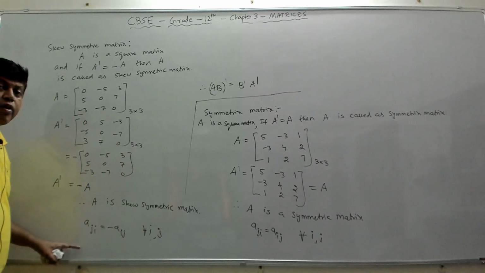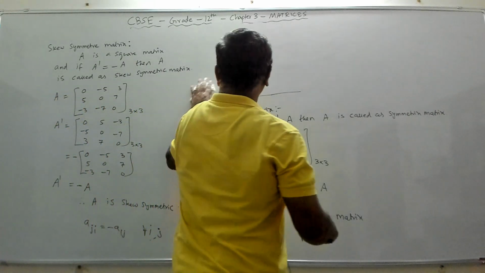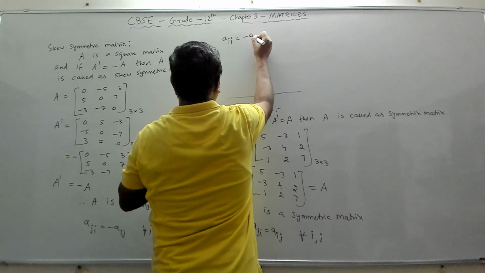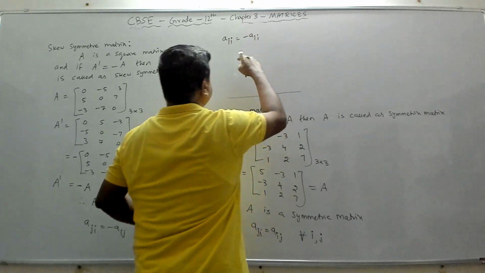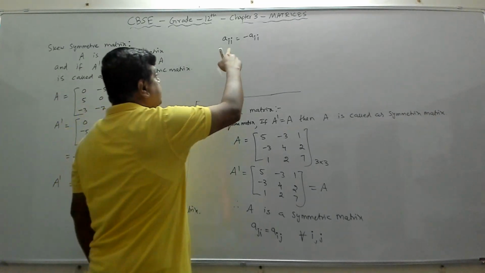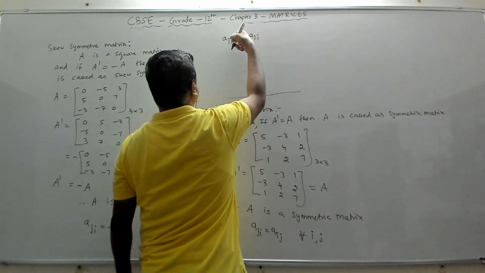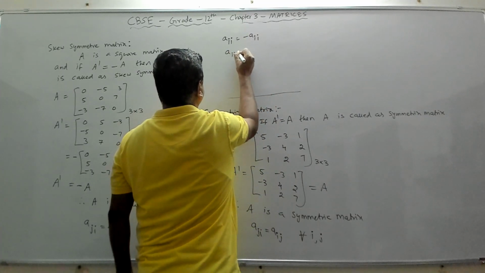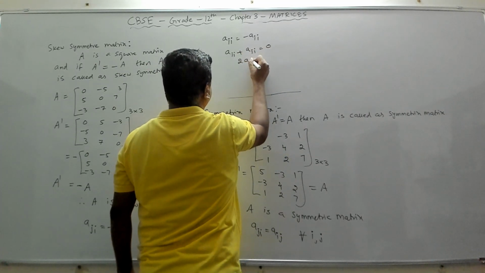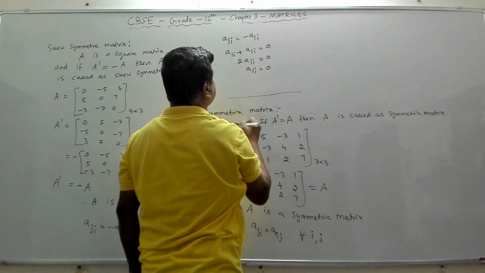Now in particular for diagonal elements, what will happen? For the diagonal elements, your i and j are equal. So instead of i and j, I'll put i and i. So Aii will be equal to minus Aii, which means if Aii comes this side, you get Aii plus Aii equal to 0, which means 2 times Aii equals 0, which means Aii should be equal to 0.